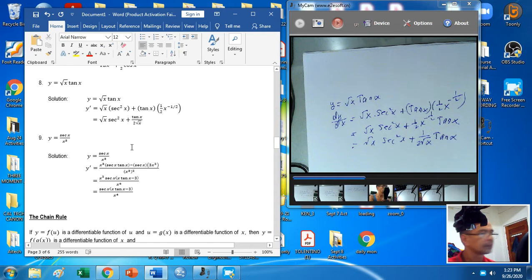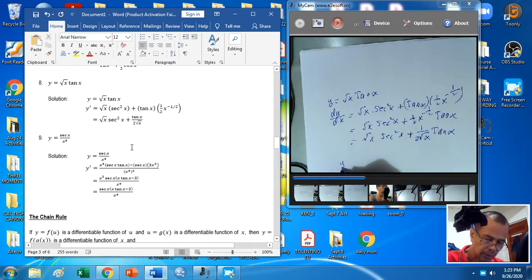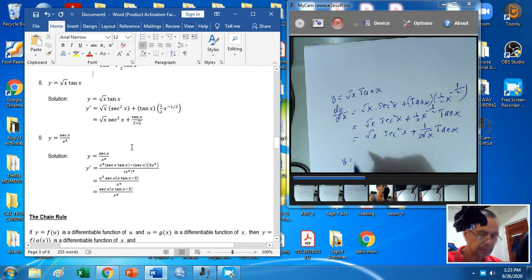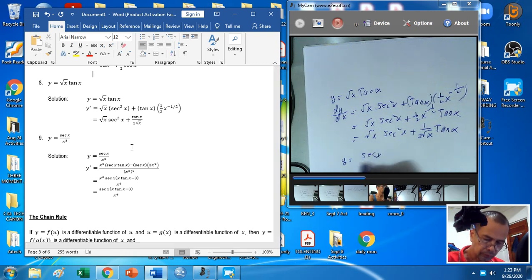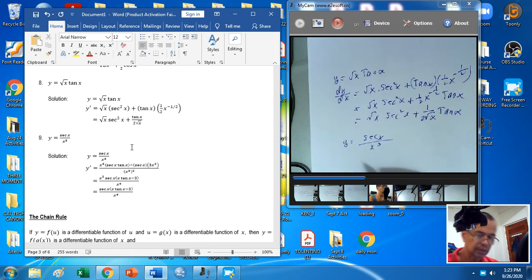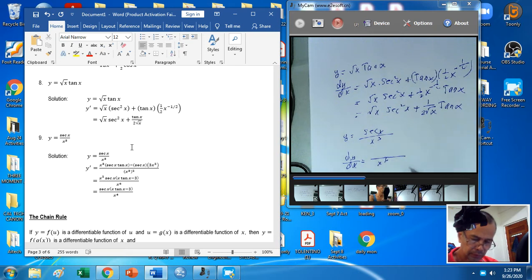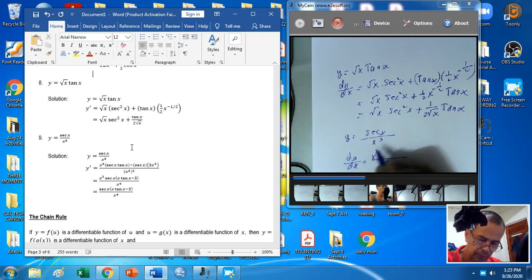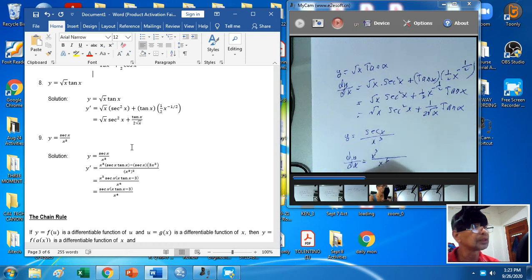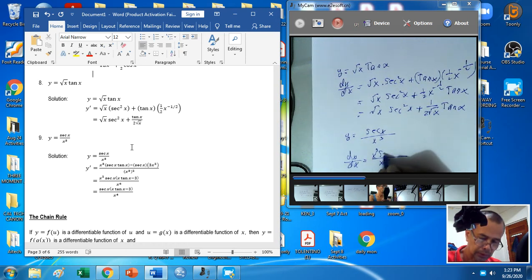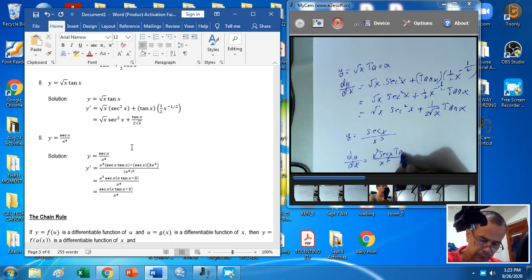Okay, that is the number 9. Y is secant x over x cubed. You have to use the quotient formula. So I'll just do it directly. Go right away with the square of the denominator. So that will be x to the 6. And then start with the denominator, x cubed times the derivative of secant x. That is secant x tangent x.